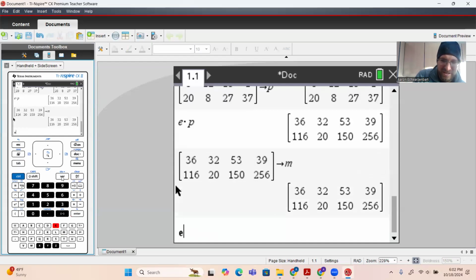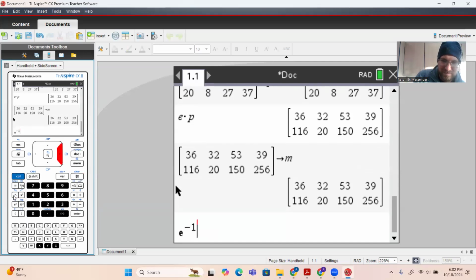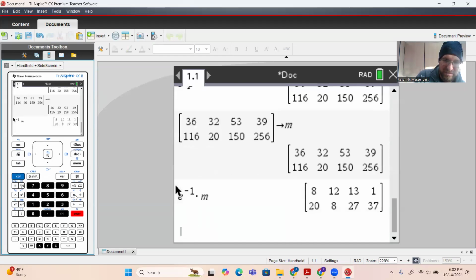So now E inverse times M will take me back to the original. I'm going to take the original here. I want to see what's going to happen if I use a 0 instead of a 37.